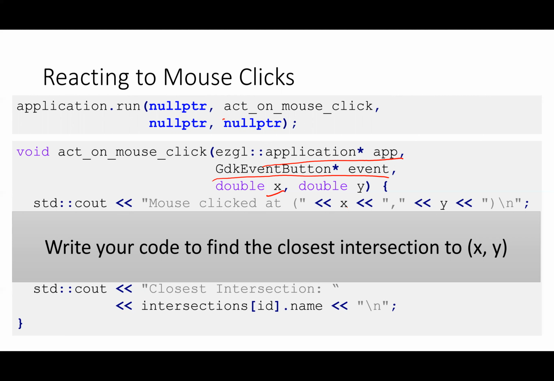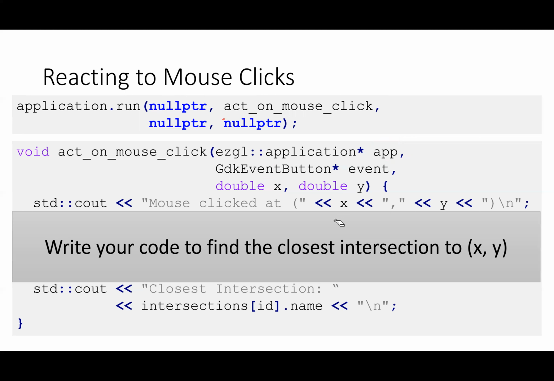And it passes you an X coordinate and a Y coordinate. Both of those are double precision numbers. They're both in world coordinates. So basically in the coordinate system you chose, where did the user click? You'll be told the XY location. And this application pointer is just the EasyGL application. That's useful because it lets you call all sorts of functions. If this wasn't passed into you, you might not be able to do things.